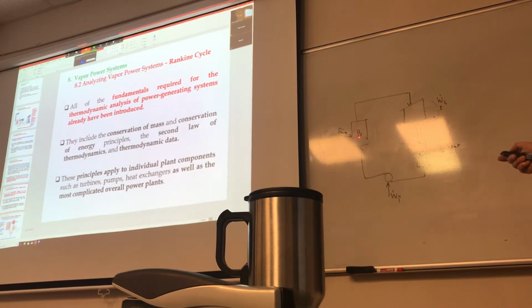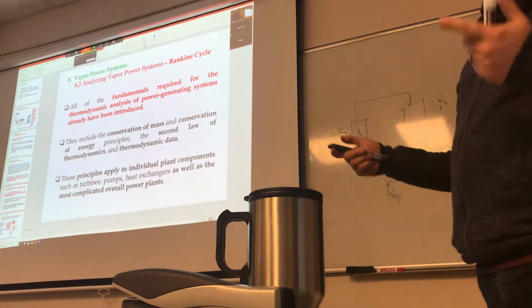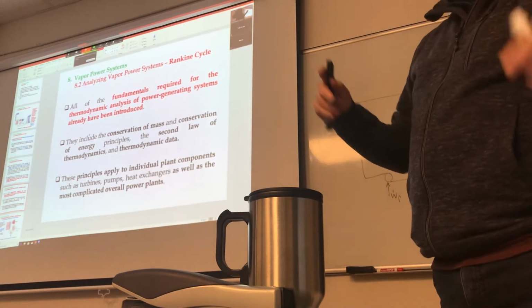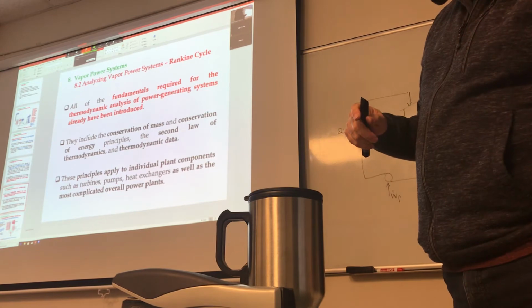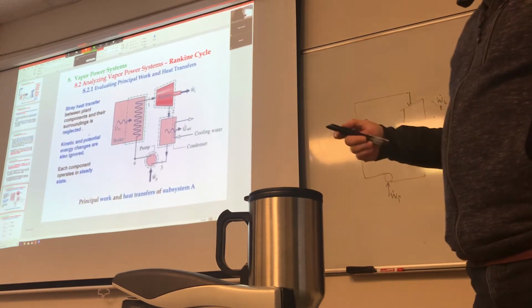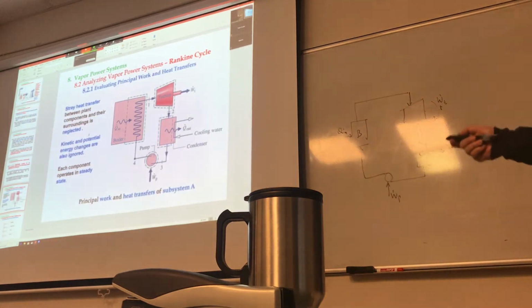So each subsystem, or each component, will have to satisfy conservation of energy and conservation of mass, and the entire thing also. Now, this is the subsystem that we're talking about: boiler, turbine, condenser, and pump.